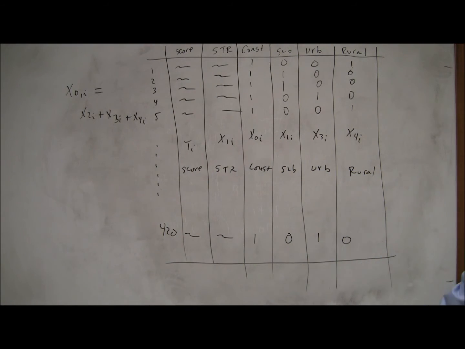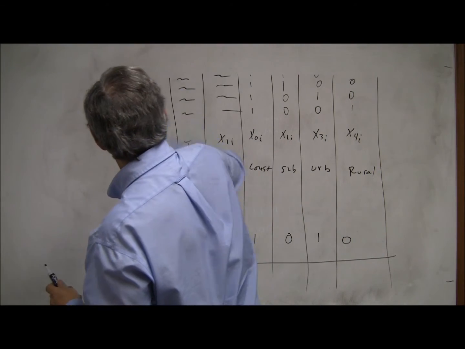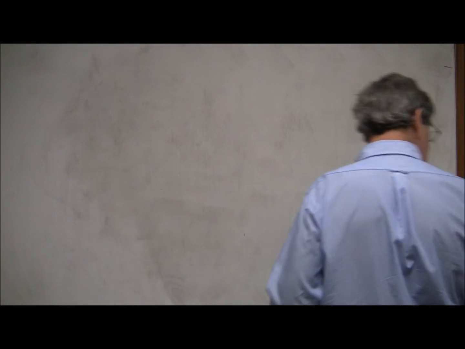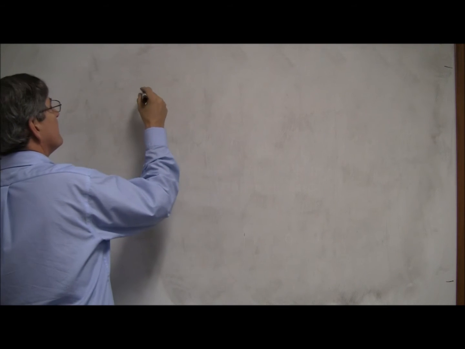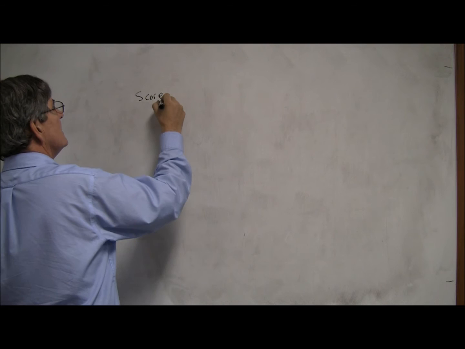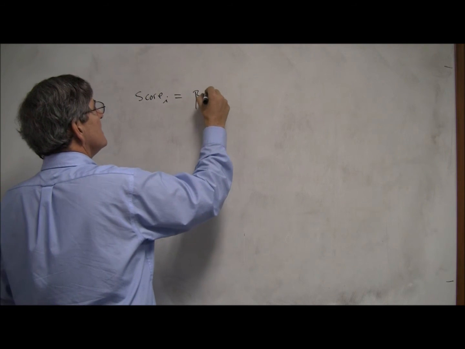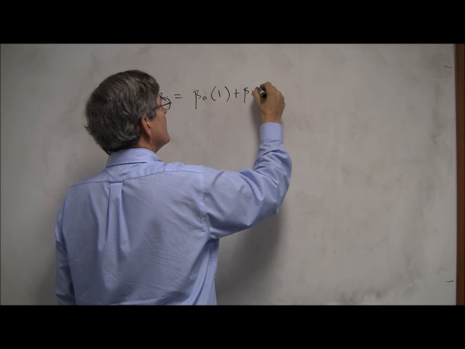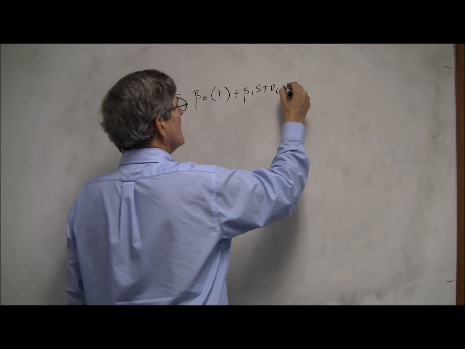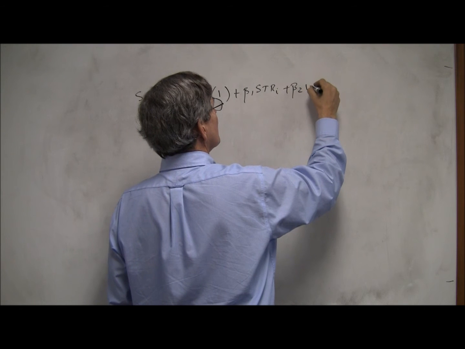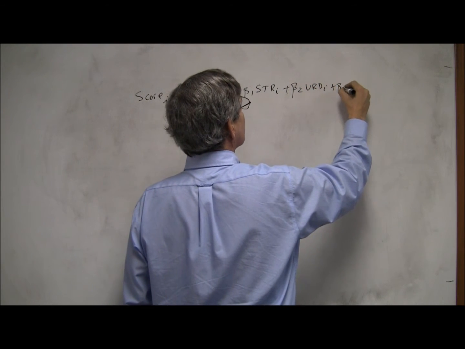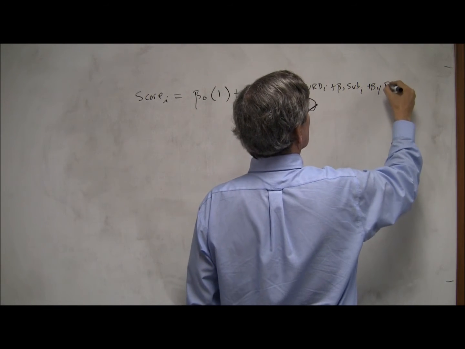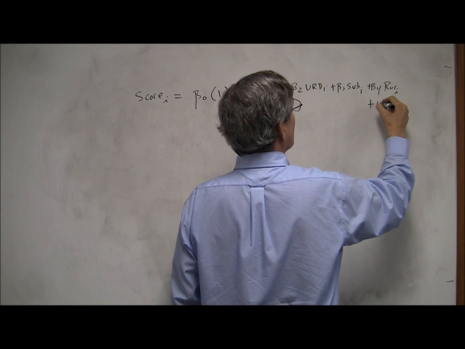So suppose I try to run a regression of score for district i is beta 0 times 1 plus beta 1 times STRi plus beta 2 times urbi plus beta 3 suburbi plus beta 4 rurali plus ui.